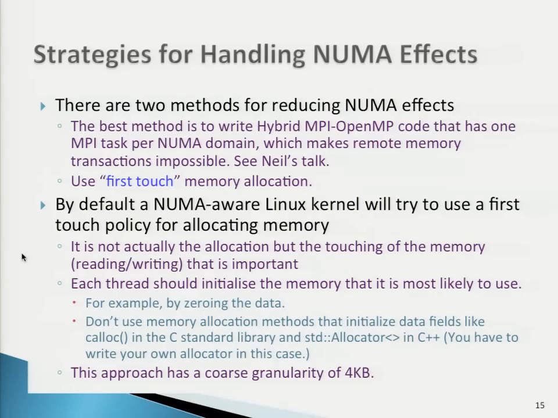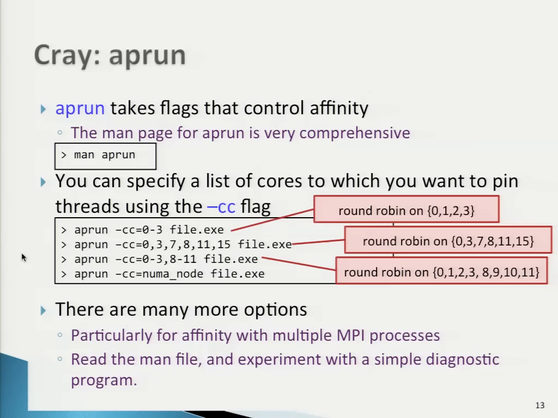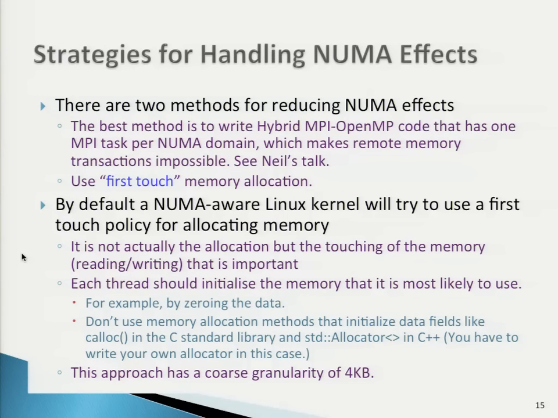So for example, on our Sandy Bridge architecture that we had back at the start, you would have 2 MPI tasks, 1 per socket. And each MPI task might have 8 or 16 threads with all those threads running on that socket, which means that a thread in an MPI task can never access memory that's on a different NUMA node, because that MPI task is locked onto that NUMA node.